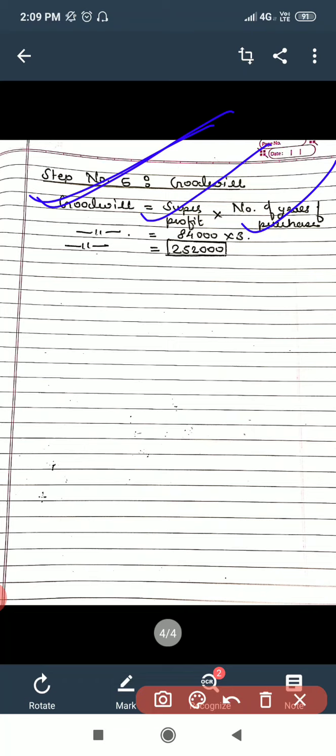So that is why the super profit we have calculated at our step number 4, rupees 84,000, and we have been told that you have to calculate the goodwill at 3 times of your super profit. That is why I will multiply it by 3. So this is how I will get the goodwill of rupees 2,52,000 over here. Thank you.